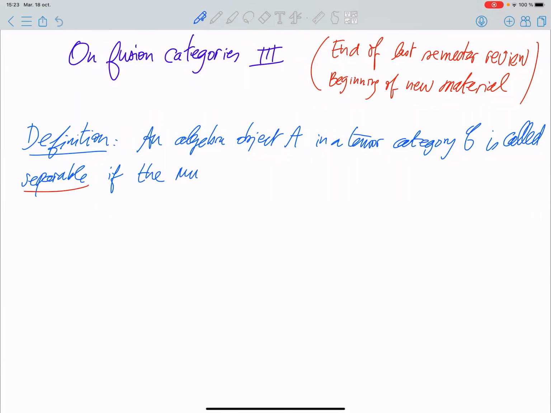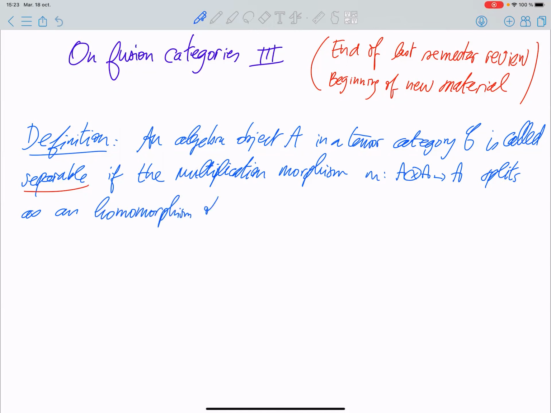So I will explain. The multiplication morphism M from A tensor A to A splits as a homomorphism of A module.